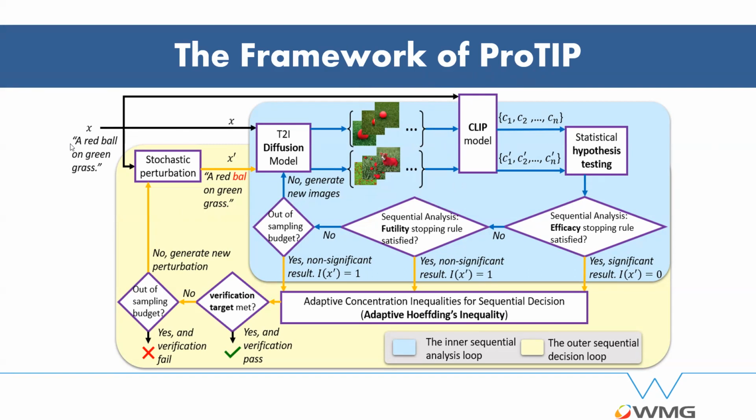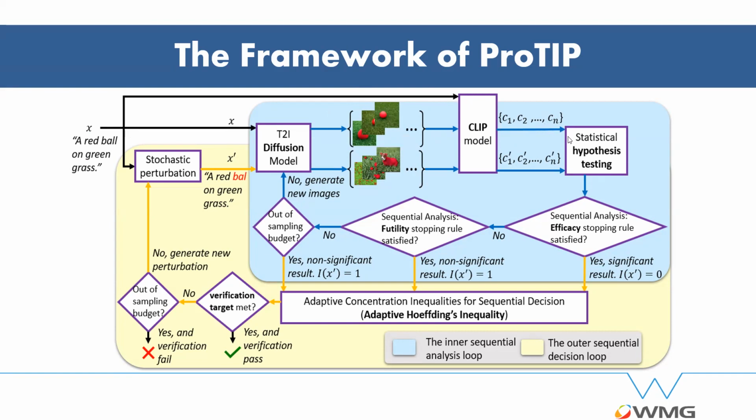First, given an original input X, we generate a perturbed example X prime. We input those two texts into a text-to-image diffusion model like Stable Diffusion. Then the model will generate two sets of images. And then we use a CLIP model to convert the images into two sets of CLIP score data.